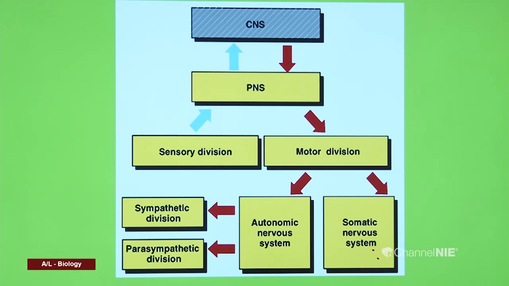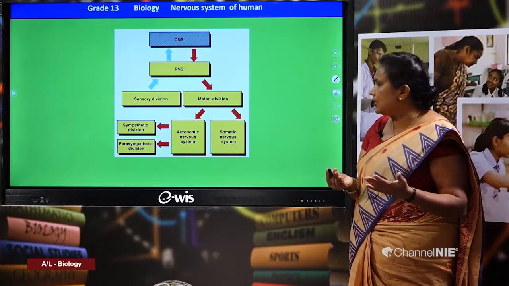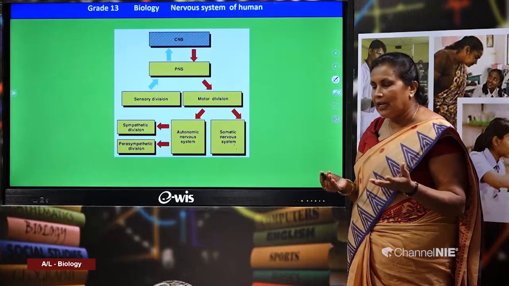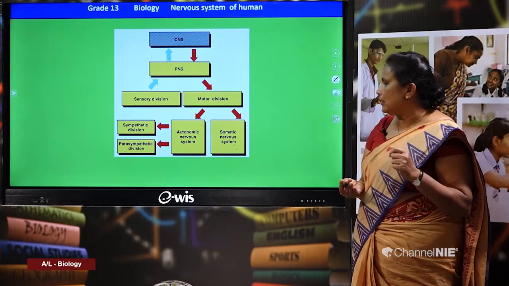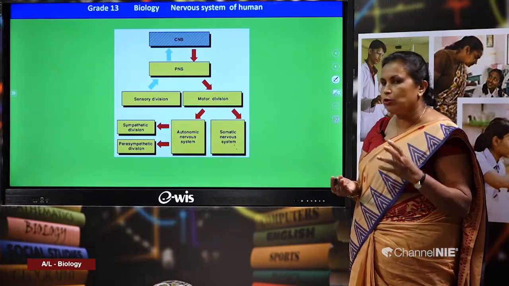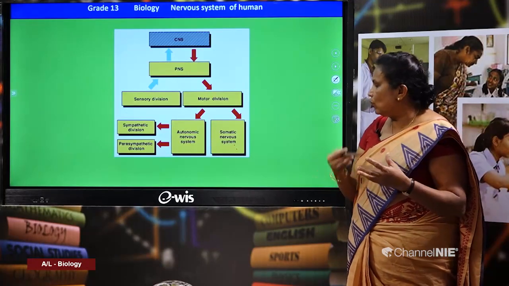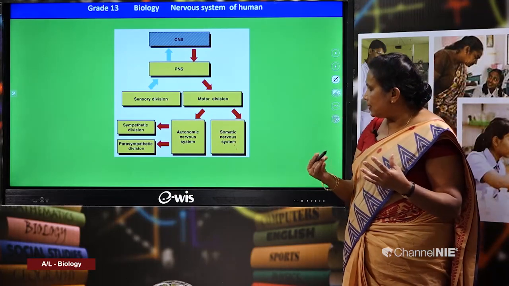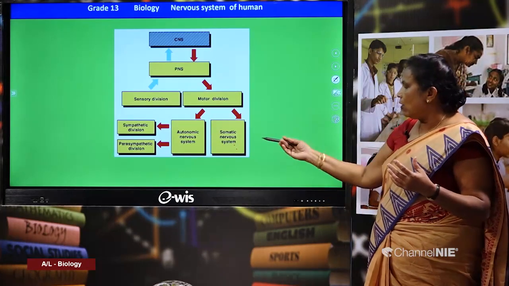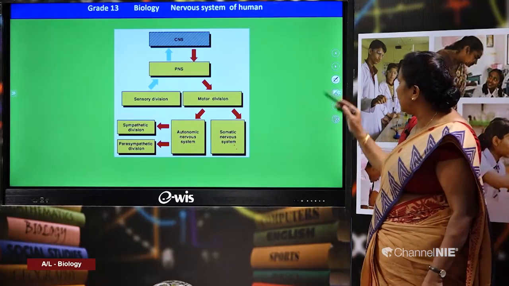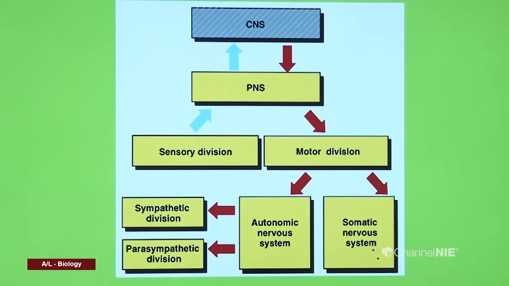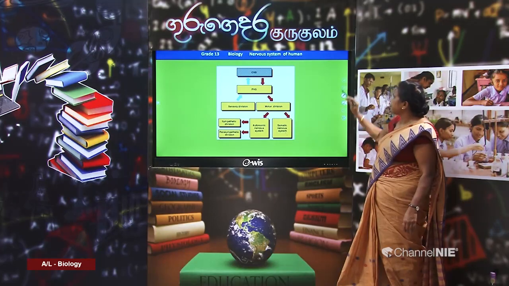Sympathetic and parasympathetic systems are involved with the endocrine glands, the cardiac muscles and the smooth muscles. Those are the organs which get impulses from the autonomic nervous system. That is why we say the motor division contains two components, the motor system and the autonomic nervous system.